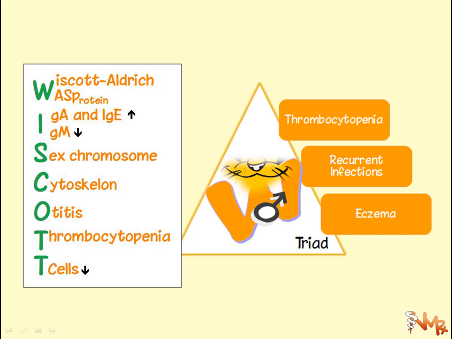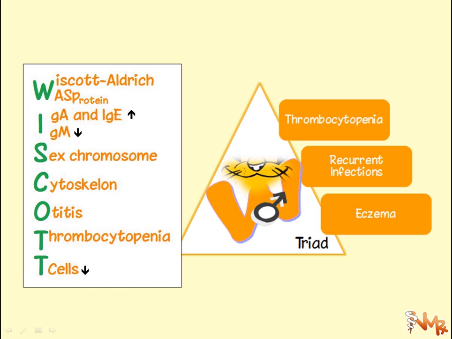So here I'm showing the triad of Wiskott-Aldrich, and I'm showing a whisker as your mnemonic here. Thrombocytopenia, recurrent infections, and eczema are the triad. And if you like acronyms, WISKOTT is your acronym.